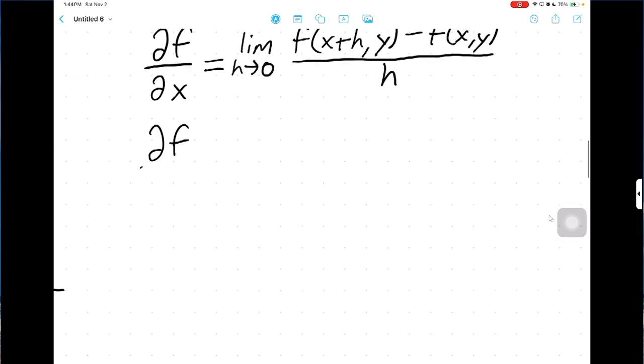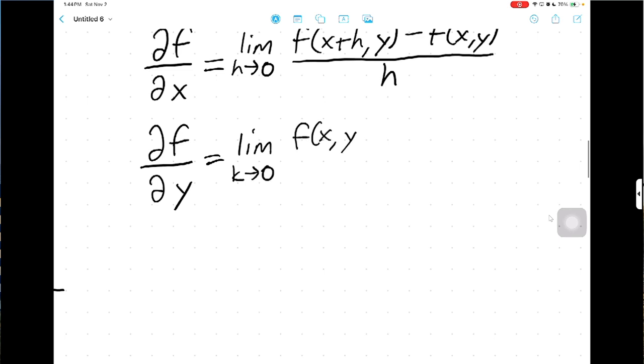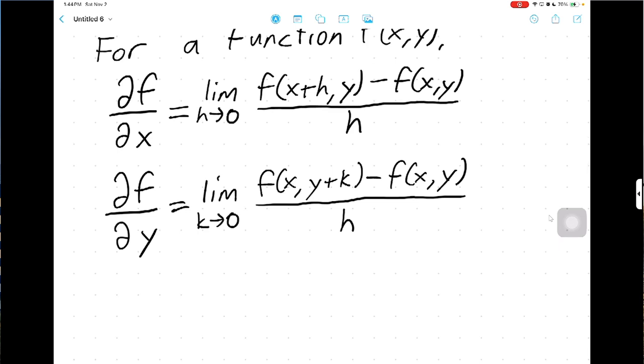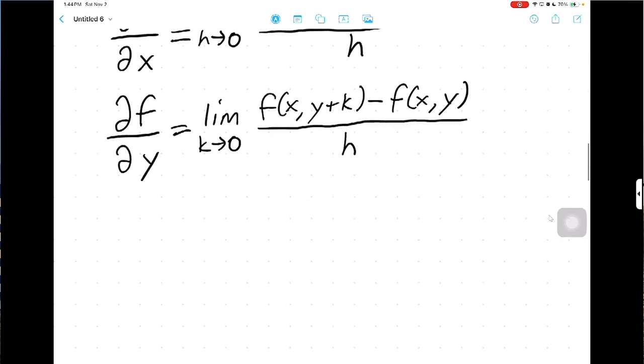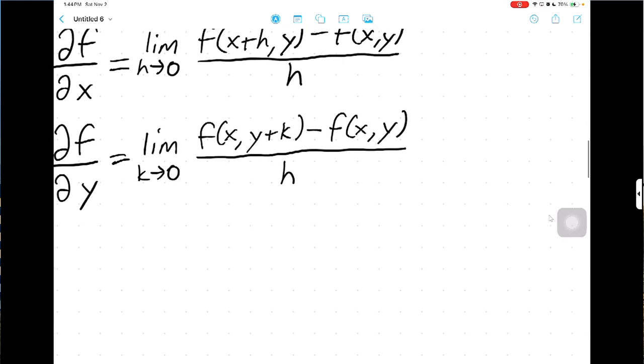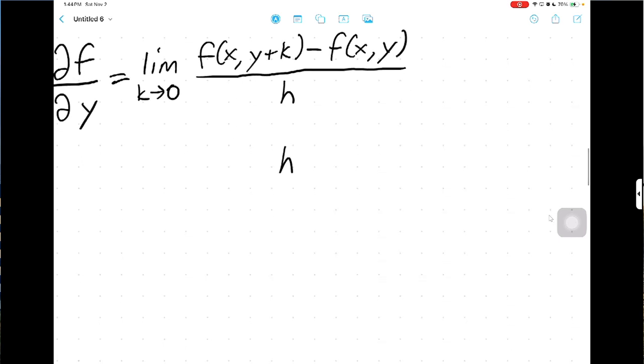Similarly, if we take the partial derivative of f with respect to y, we will get the limit as k goes towards 0 of f of x comma y plus k minus f of xy all over h, like so. So the idea with partial derivatives, at least the conceptual understanding of this, is that we're essentially trying to go closer and closer to a value.